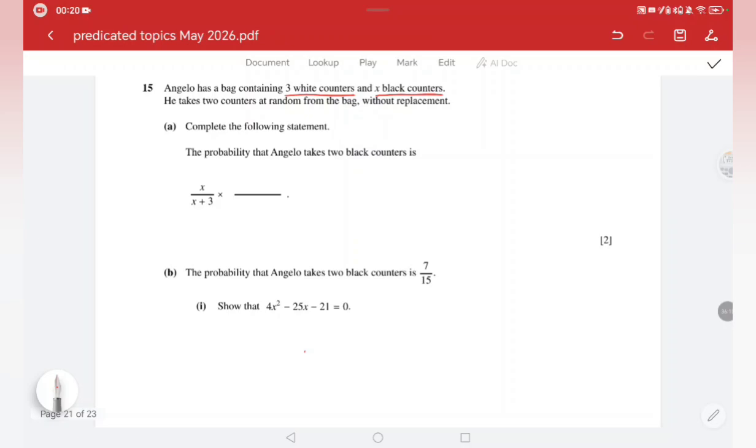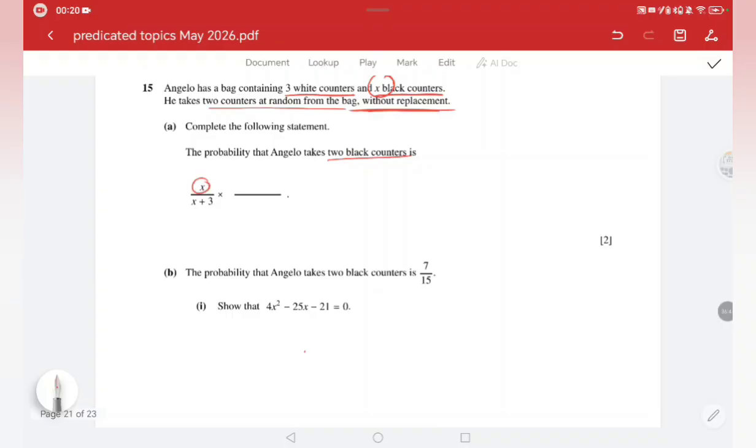They said that he takes 2 counters at random from the bag without replacement. So it means we will decrease the denominator by 1. Look, they are talking about the probability that Angelo takes 2 black counters. We're talking about black. The number of black is X.